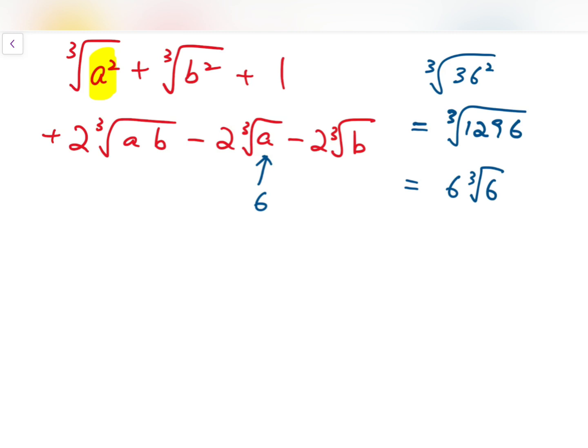To proceed, we can consider the following expression. As I said, I'm going to consider some multiple of 6 or multiple of 36 as values that a and b are going to take. I'm going to consider this expression: the square of x times cube root of 6 plus y times cube root of 36 minus 1.